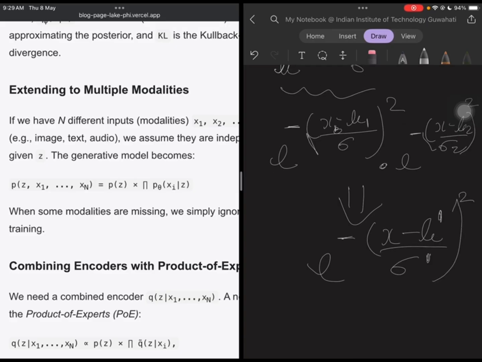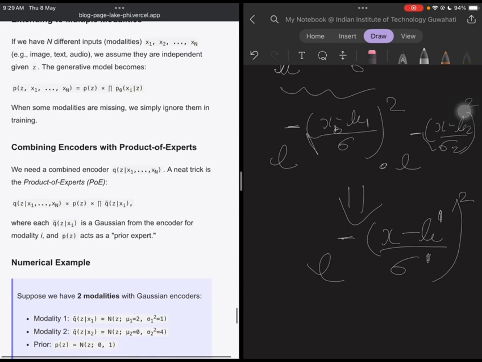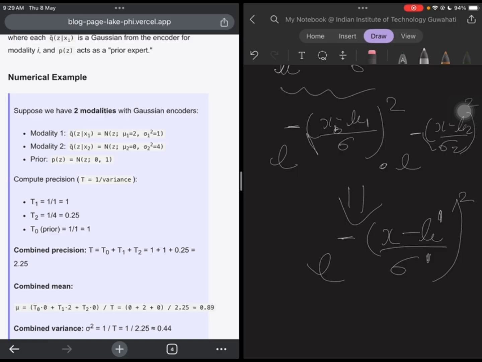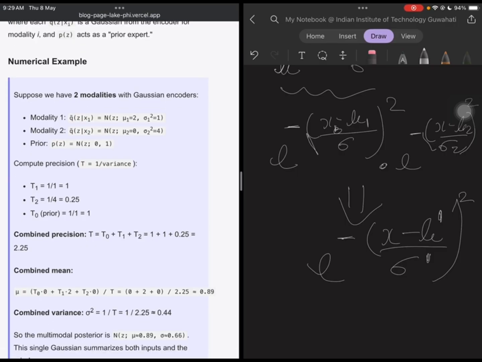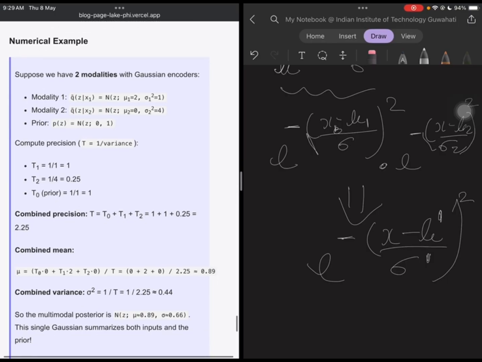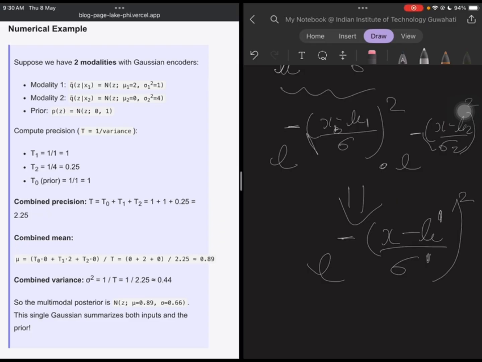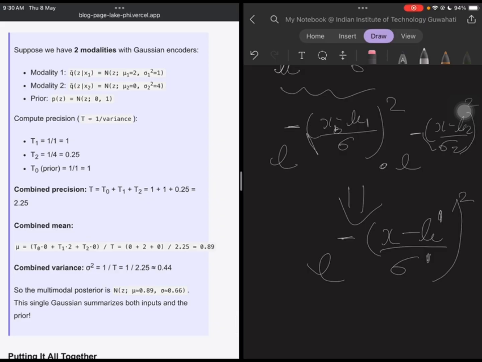This equivalent mu bar and sigma bar can be calculated, and I solved it using a numerical example. First you have to calculate the precision, 1 by variance, for each data point. Sum them up and name it the combined precision. The combined mean is the weighted average with the precision term, and the combined variance is just the inverse of the total combined precision. And you can get the equivalent distribution.